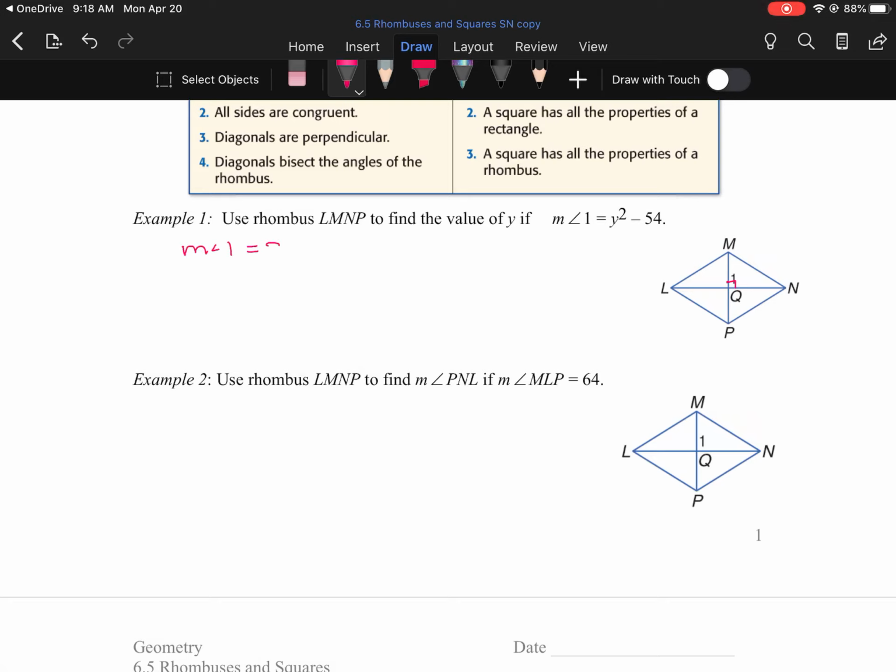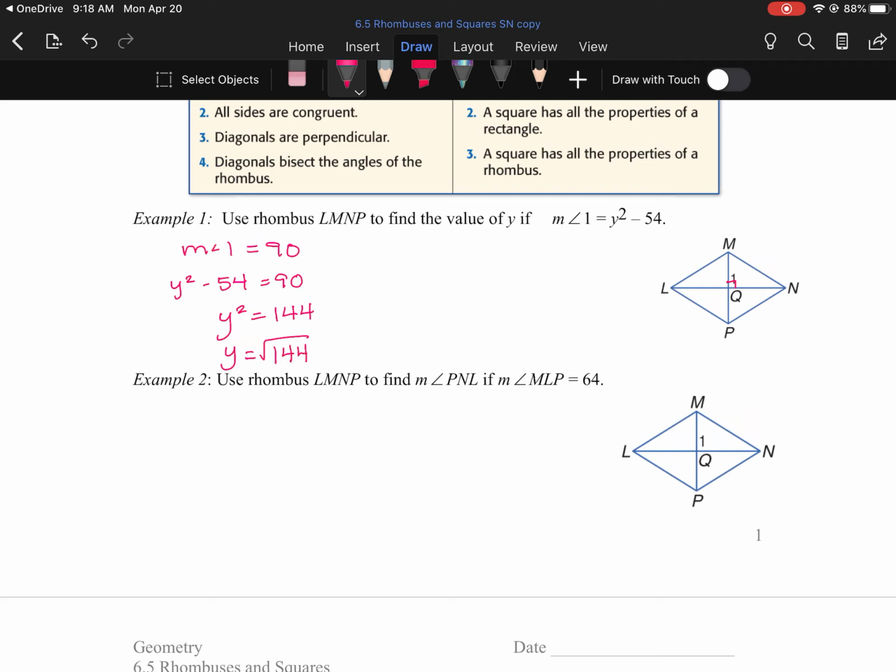So the measure of angle 1 is equal to 90 degrees. So I'm going to do y squared minus 54 equals 90. So I'm going to add 54 to both sides, so we get y squared is equal to 144. No need to factor in this problem because I don't have just a y term. So all I have to do is take the square root of both sides.